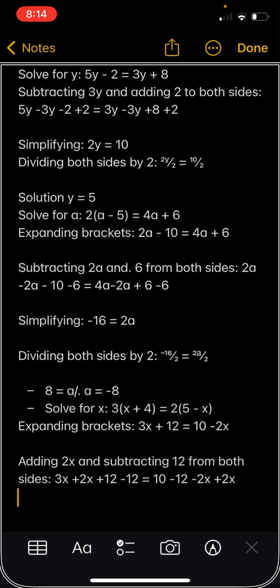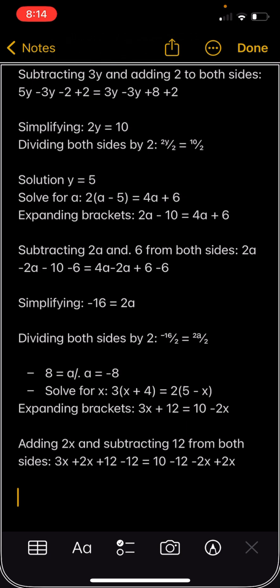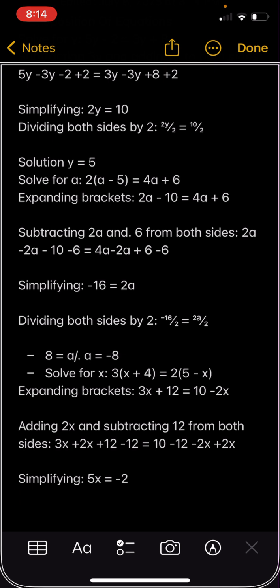Sorry about that, I got a little bit distracted there. So here we're adding 2x to both sides. On the left side we're going to end up with 3x plus 2x, and on the right side we're going to end up with a negative 2. When we simplify that, that is what we get.